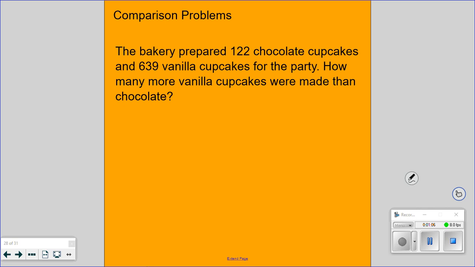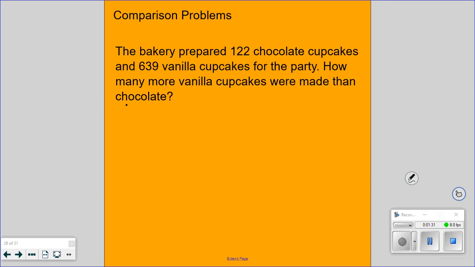What should be my answer sentence? Archer, give it a go. The bakery prepared way more vanilla cupcakes than chocolate. Sure.